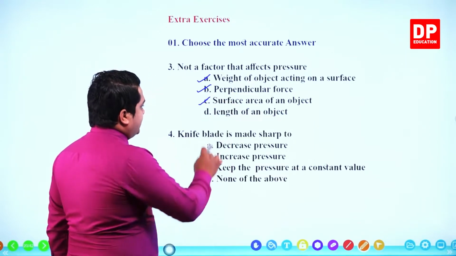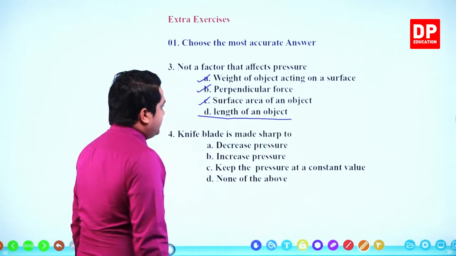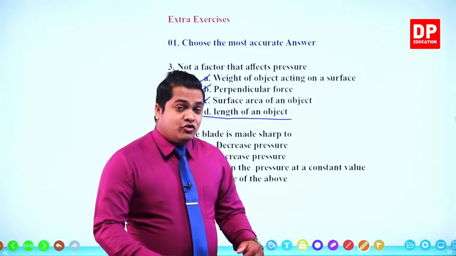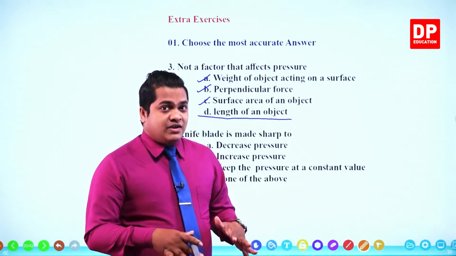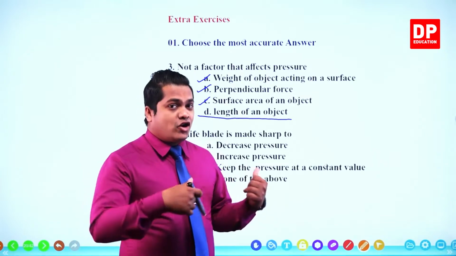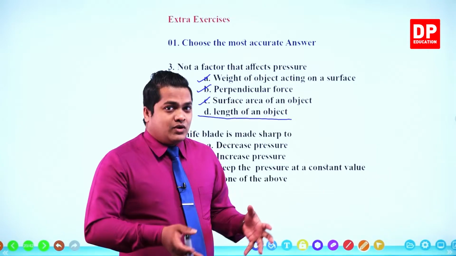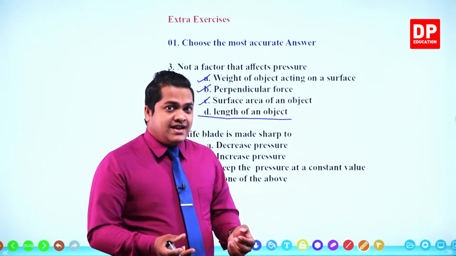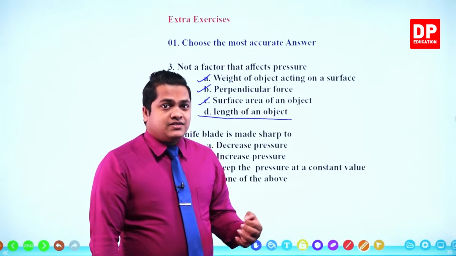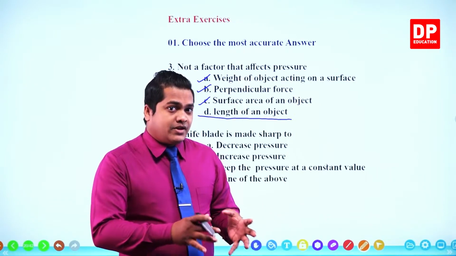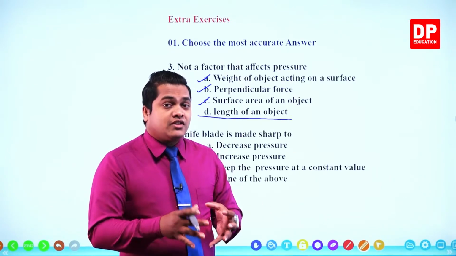Length of an object, it's incorrect, right? Actually, that's also up to a certain level correct, because area depends on the length and breadth. So length is a factor that affects the area, which changes the pressure.